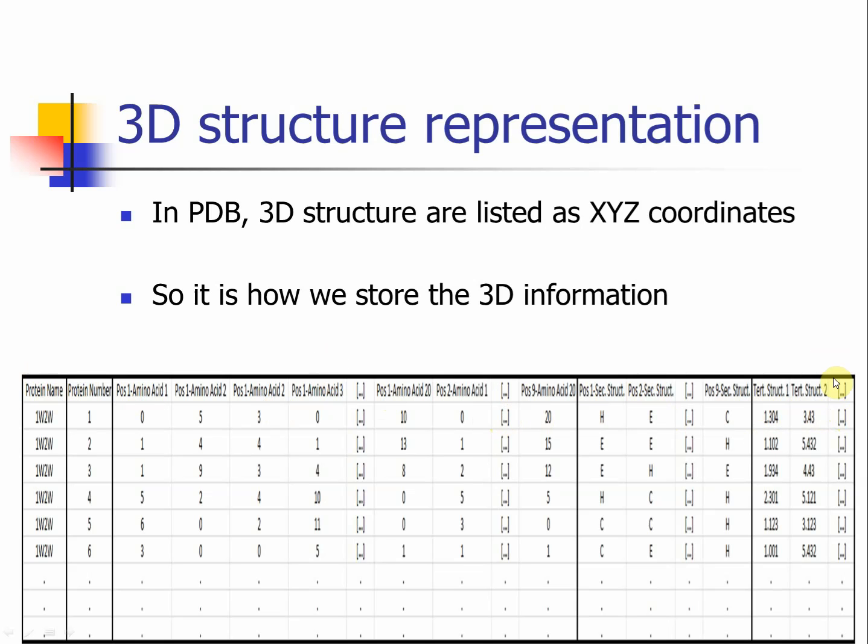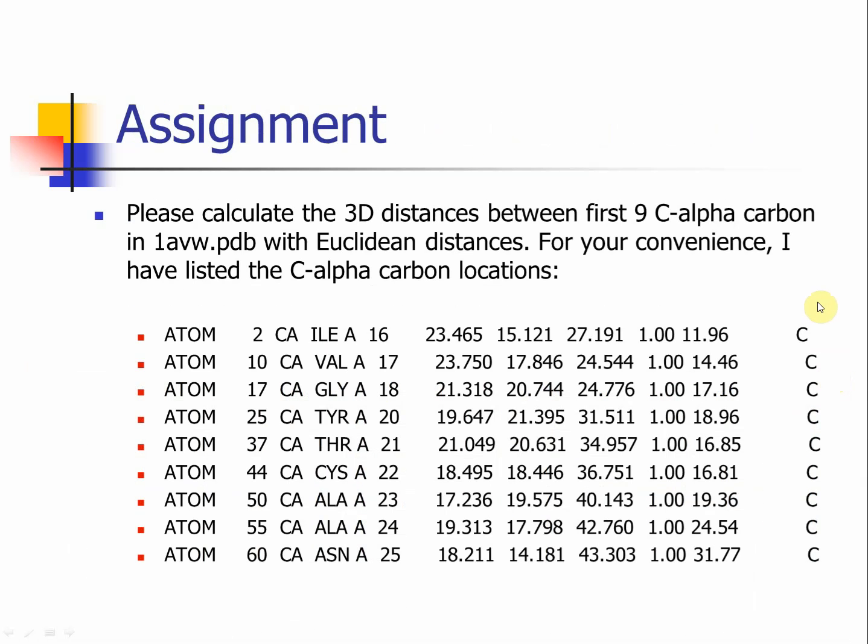And that is how we store one full data set that incorporates primary, secondary, and tertiary structure of a protein. To make sure you understand it, I want you to have a simple assignment. I'm going to take a look at the protein database data that I've showed you before. I want you to calculate the first 9 C-alpha carbon mutual distances in one PDB file with Euclidean distance.